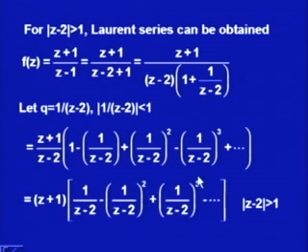Simplifying it, it is z plus 1 multiplied by 1 upon z minus 2 plus 1 upon z minus 2 whole square and so on, and the region is modulus z minus 2 greater than 1, because after that there is no point where the function is not analytic. So, this is the region of convergence for the Laurent series.